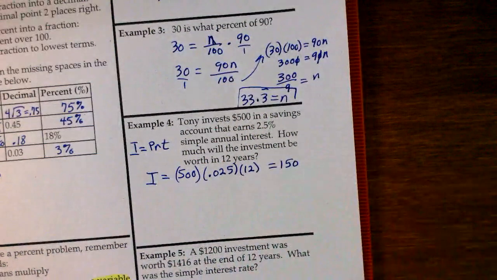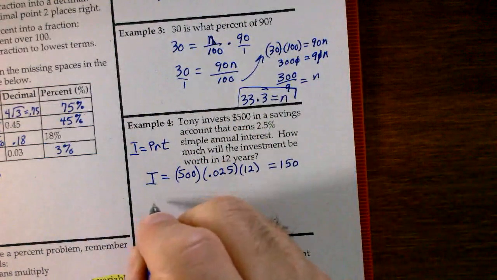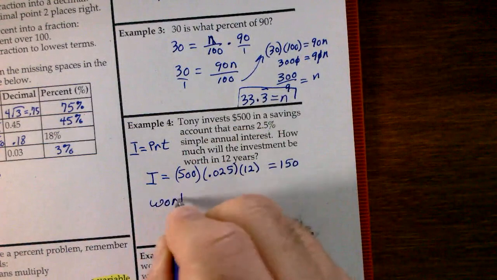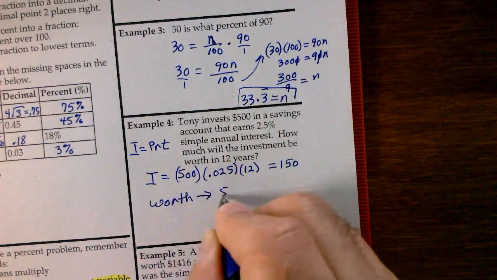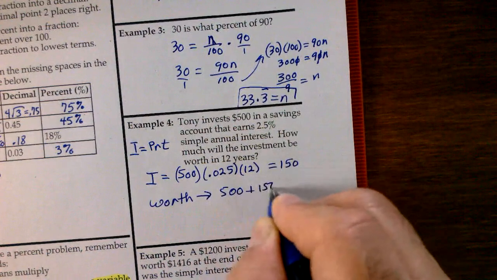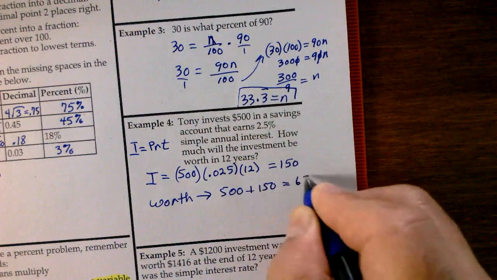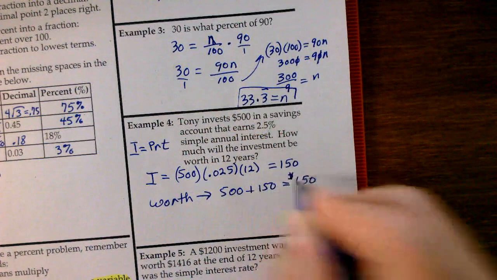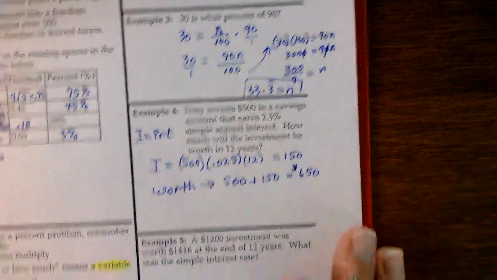So what is this investment worth? It's going to be worth what I started with, $500 plus $150 in interest. It's going to be worth $650 in 12 years.